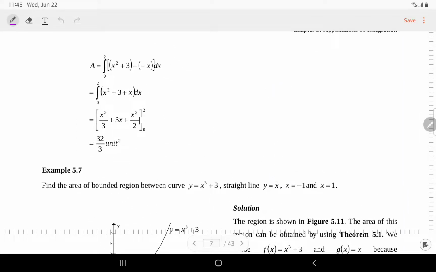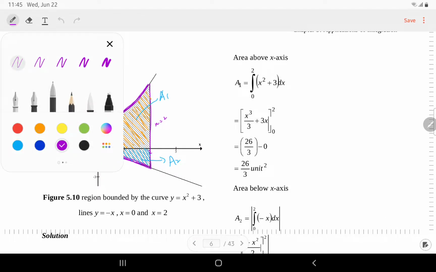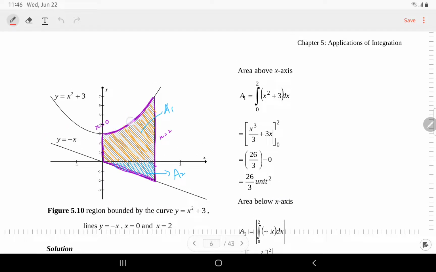So untuk same example yang tadi, kalau kita nak apply theorem tadi, kita just terus integrate from 0 to 2 the first function minus second function. First function ni adalah function yang graf dia bahagian atas. Tolak second function, yang graf bahagian bawah. So, kita tengok yang mana atas, yang mana bawah. The graph above is this one, which the function is x square plus 3.